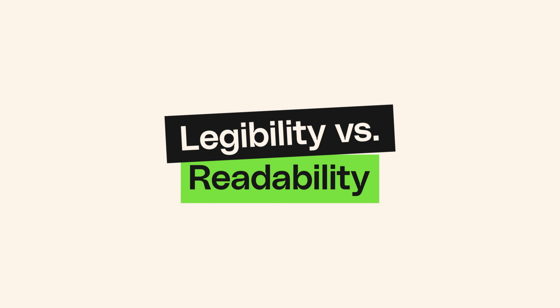Even though it's written in the same language, it's set in the same typeface, it's maybe the same length, my brain needs more time to process those unfamiliar terms. But it's not just what you're reading, it's also how the text is presented. If the font is too small, too cramped, or just hard to distinguish, reading goes from being effortless to feeling like work. And that brings us to two important concepts: legibility and readability.